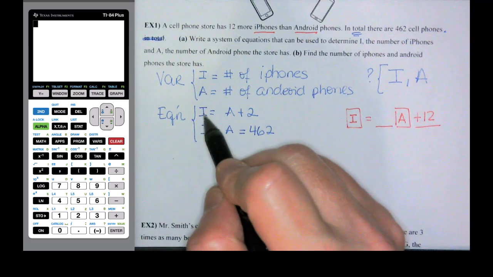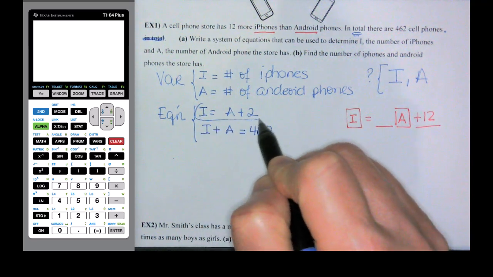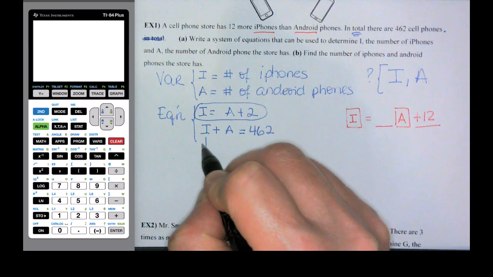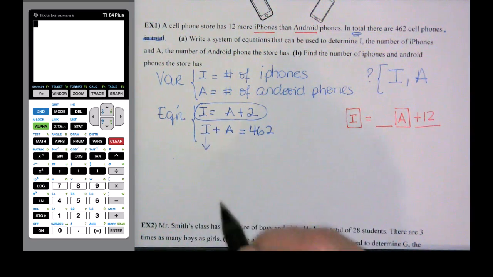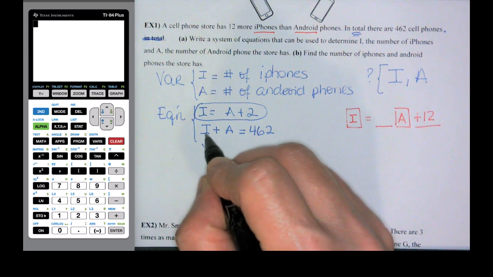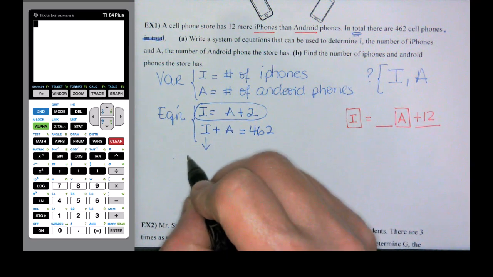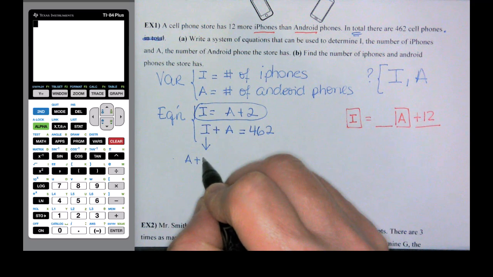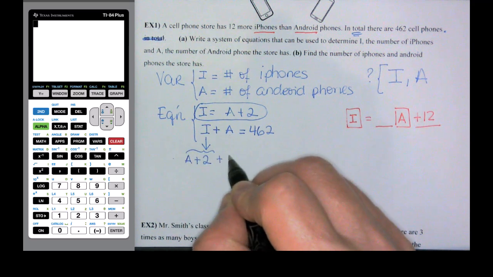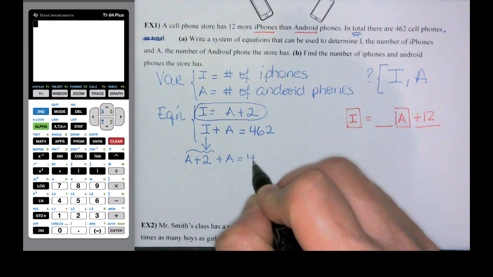And if you notice, we have a letter I by itself. So the best way to solve this system of equations is by substitution, which means since the I is alone, I'm going to go to the second equation. I put an arrow. And instead of I, I'm going to replace it with what I equals, which is A plus 12. And then I copy the rest of the equation just as it is.